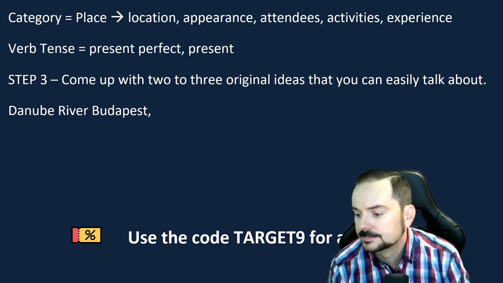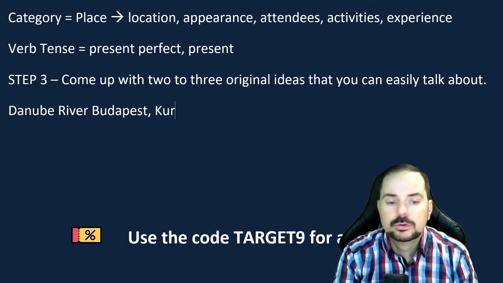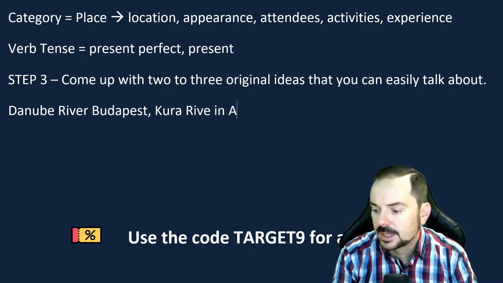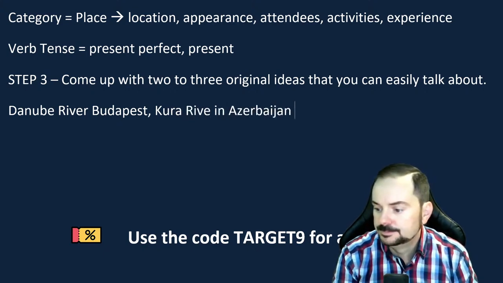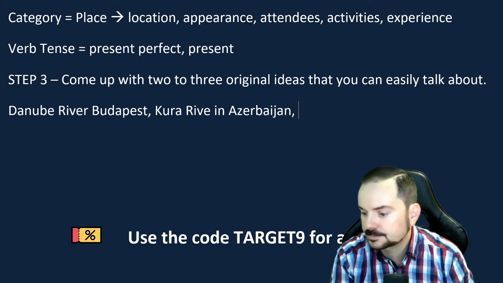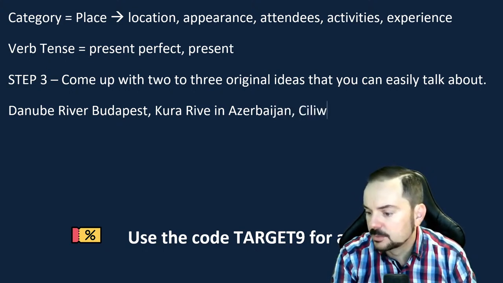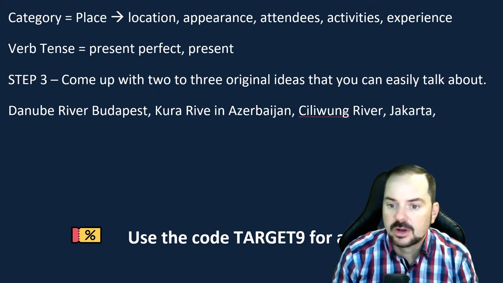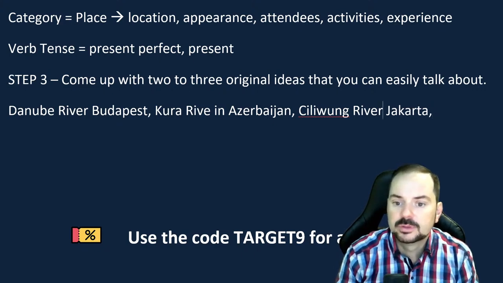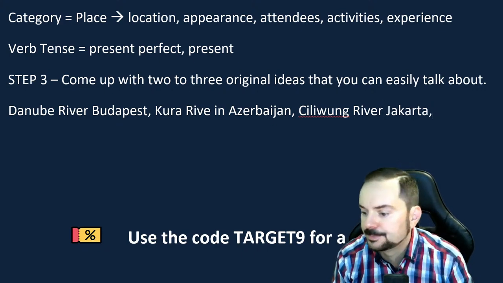All right. Amra says Kura River in Azerbaijan. Chayan Kip says the Ciliwung River in Jakarta. Yeah, it's interesting how rivers are often polluted, right? Moving water. Okay.